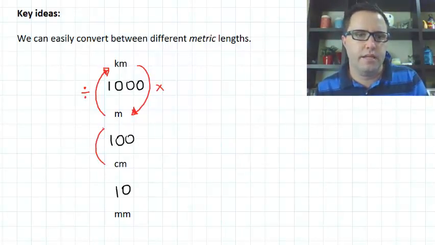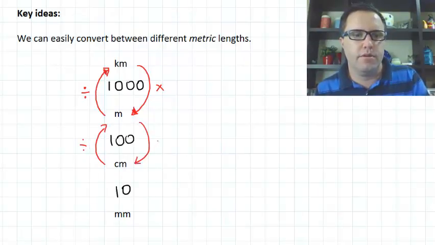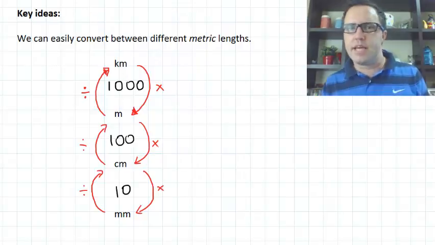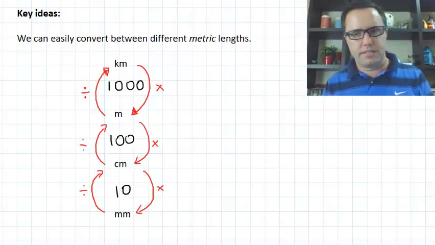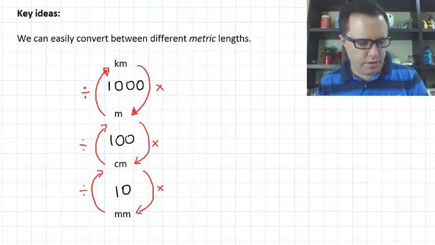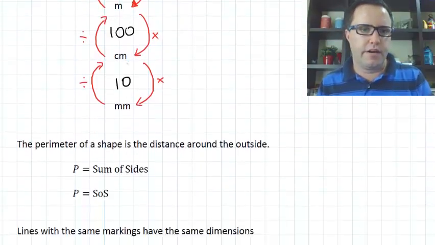Again, centimeters to meters, we divide, meters down to centimeters, we multiply, millimeters to centimeters, we divide, and centimeters to millimeters, we multiply. So it's pretty easy. We're going to see an example of how to use it, but it's one of the fairly easy things that you're going to be asked to do in this unit. Okay? All right. Let's keep going.